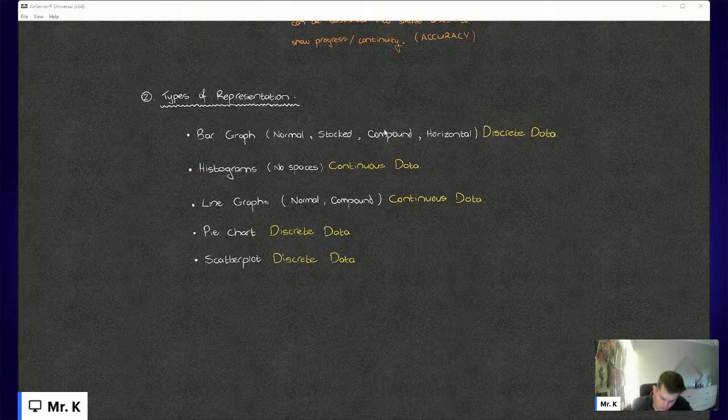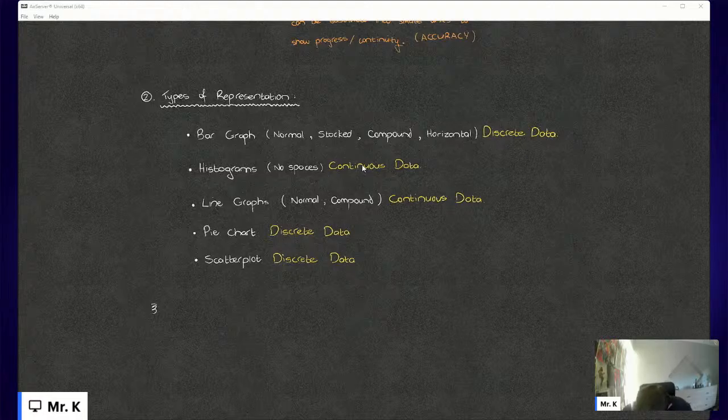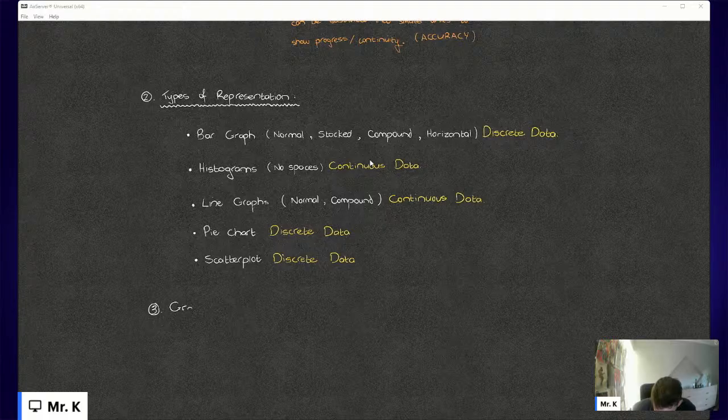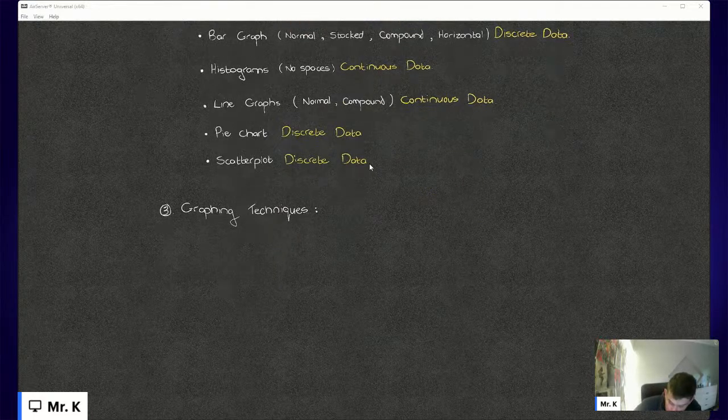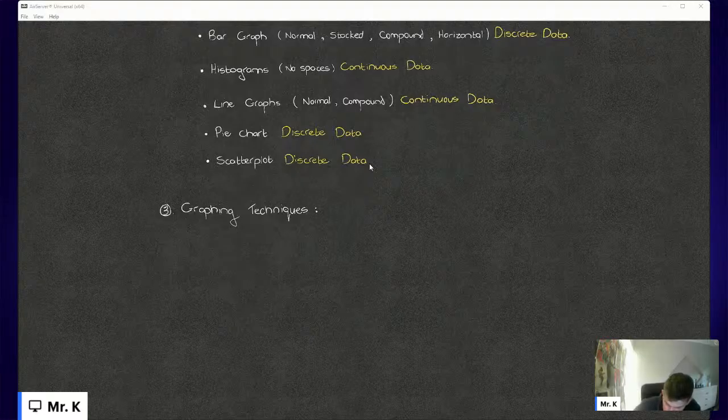Okay. So guys, number 3, let's just write down a few graphing techniques that I think you guys should know. Some things that you need to remember when you decide to draw your graphs. Generally speaking, at high school level, grade 8s, your graphs are going to be anywhere between 5 and 9 marks a piece.